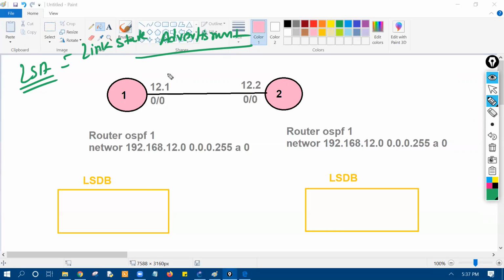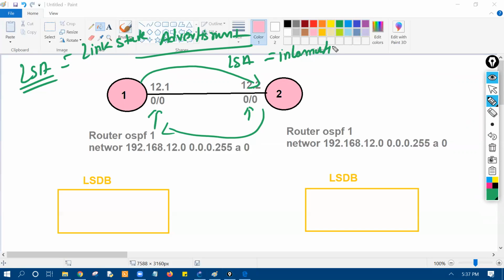So LSA is the information about this link, the information of this IP address. R1 shares this information to R2, and R2 shares this information to R1. This is known as an LSA, information about the link.